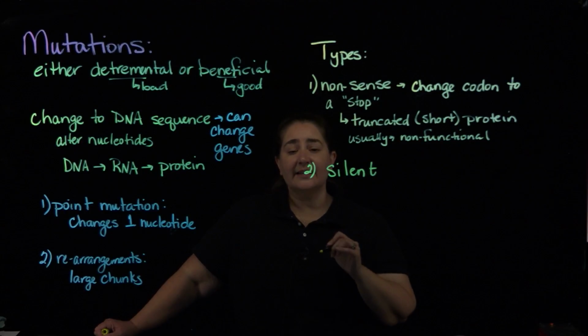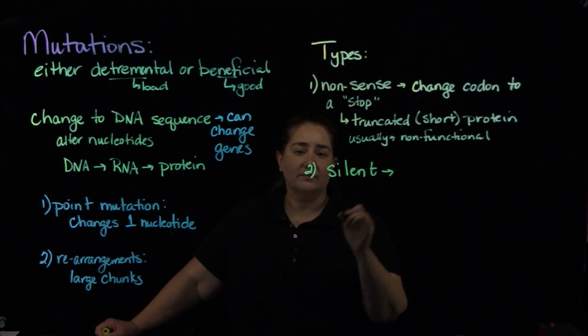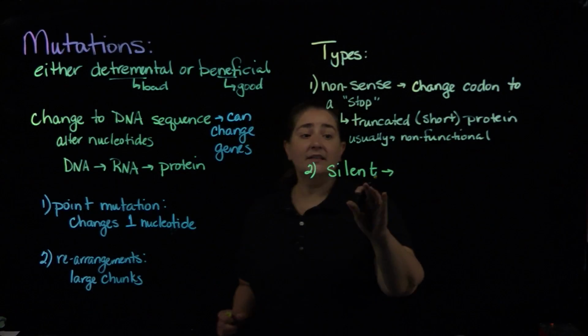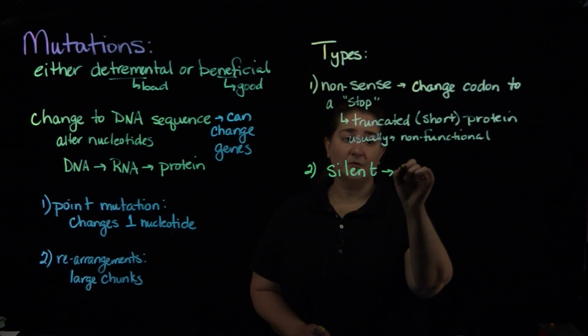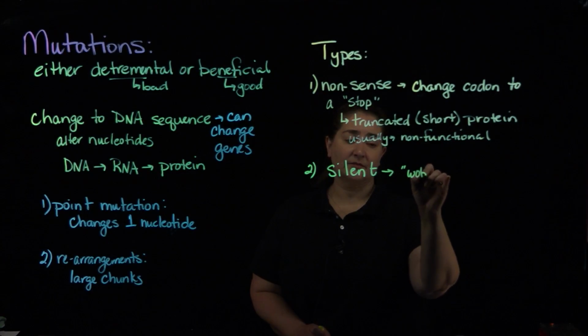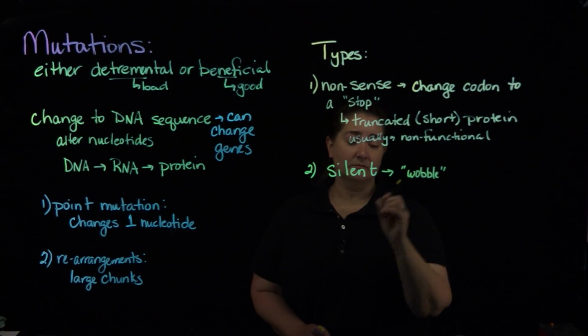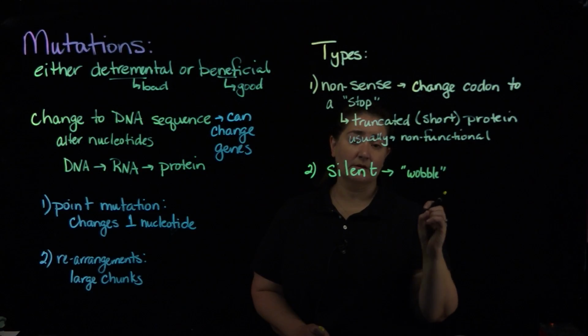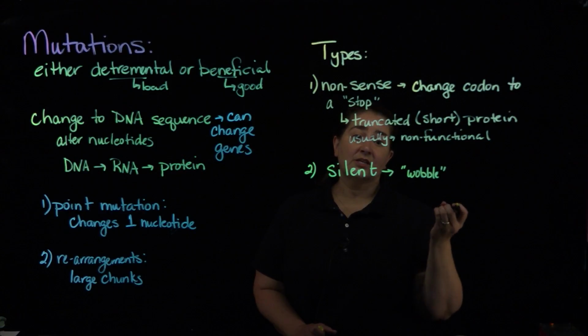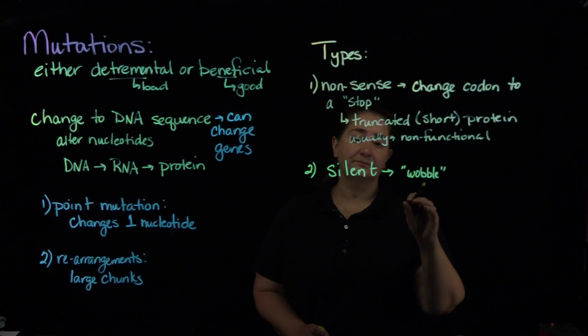We've got what's known as a silent mutation, okay? And this is what can happen when we're talking about the wobble. Remember that third base in our codon? Silent mutations, very often it's that third base that gets mutated.